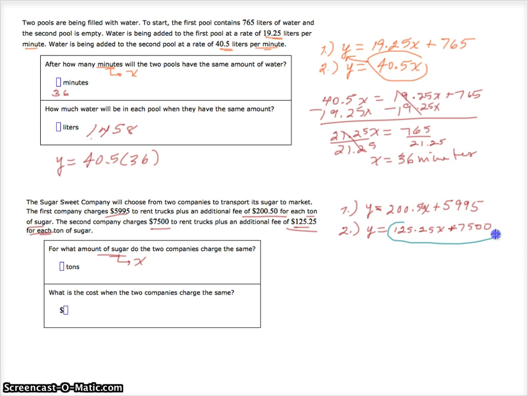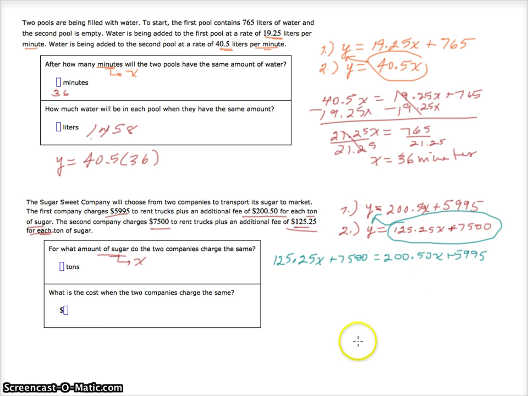So I'll just circle this one and plug it in. So I'll have 125.25x plus 7,500 equals 200.50x plus 5,995.